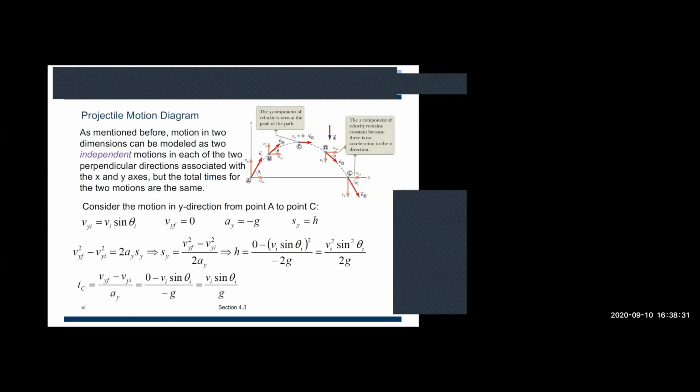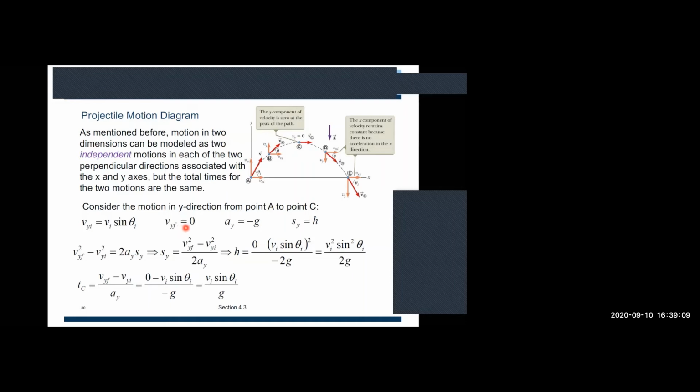So we consider here first the y direction motion. The y velocity, initially, is vi sine theta, upward motion. And then if you are considering the y direction motion from A to C, that means to the highest point, finally when it reaches C, which is the highest point, it should stop rising anymore.